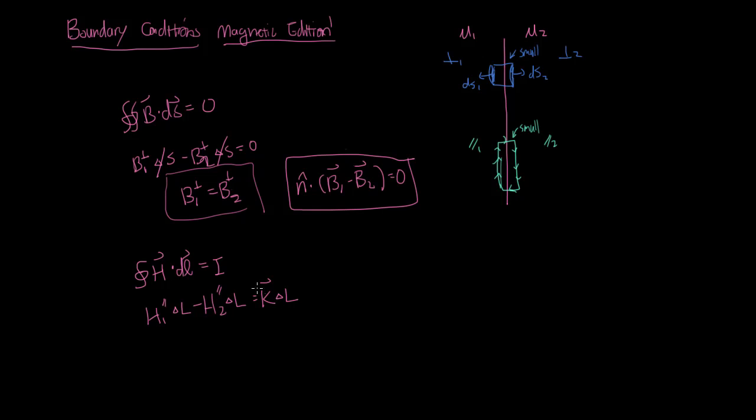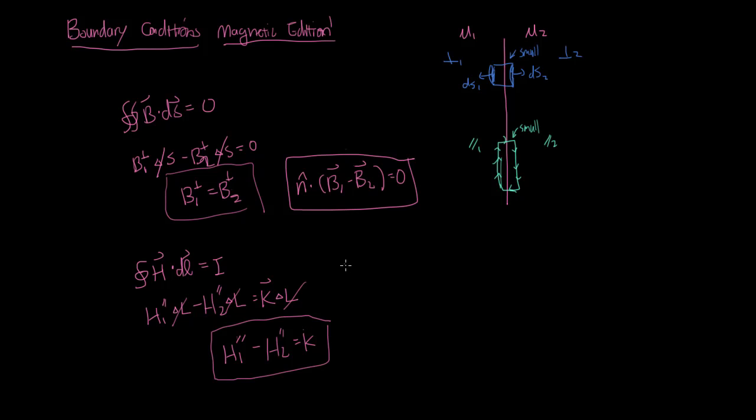Because sheet current density times delta L is going to be equal to the total current. So if you write it in terms of sheet current density, that allows us to cancel out the L's, and we have the result that if there's any kind of difference in the tangential component of the magnetic field, that's going to resolve itself in the form of a sheet current.